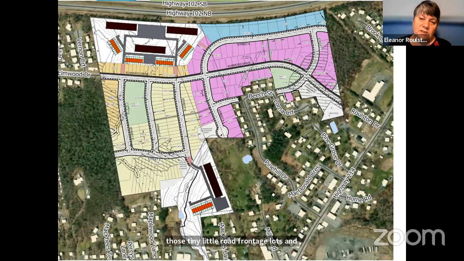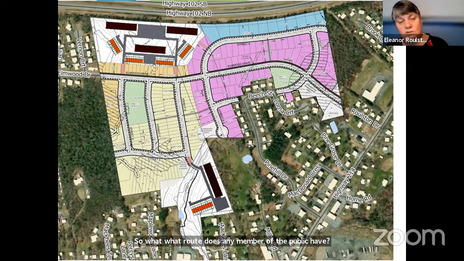And I guess I would just ask the question if staff can tell me, what if the development is sold out, the engineer has retired, moved on, passed away, whatever, no longer carries professional insurance, and it's determined that this is not working? So what route does any member of the public have if they can't even come up with the money to prove that the stormwater is worse after than it was before?